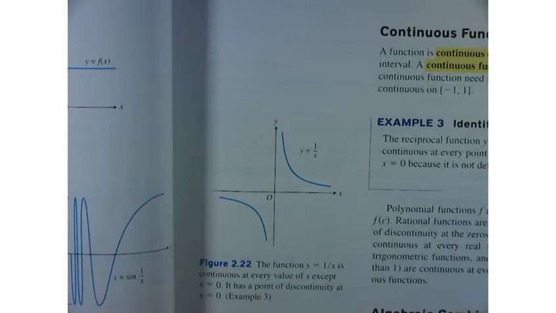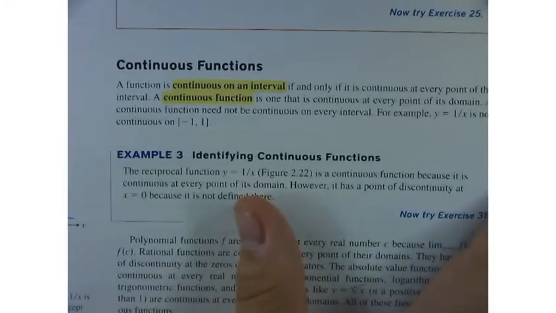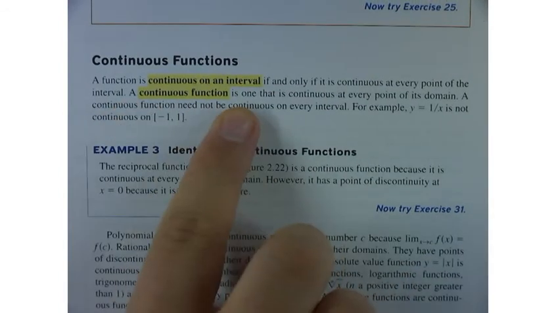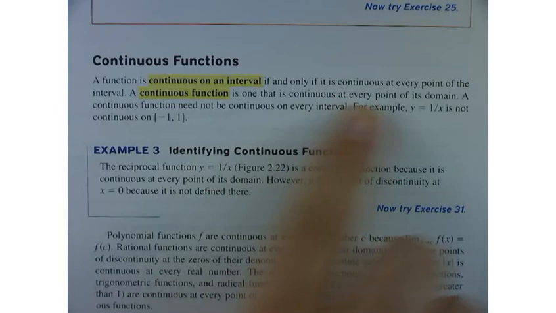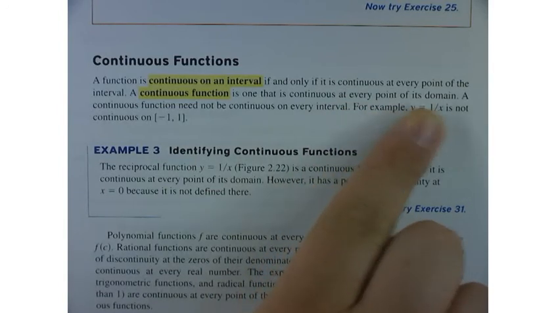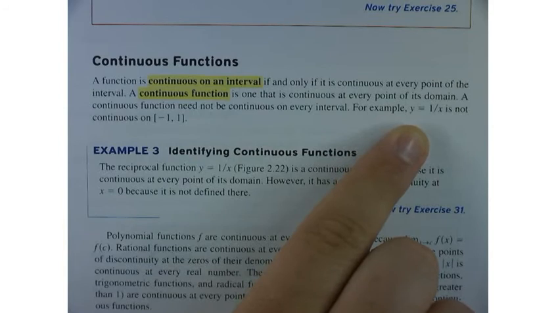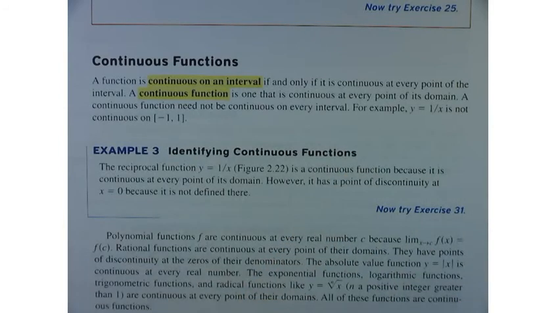Yeah. But I mean the part of why it's continuous. You said because it fits all the real numbers. Well, domain. A continuous function, let's look at the definition. It's kind of a semantic thing, but it says a continuous function is one that is continuous at every point of its domain. What is the domain of y equals 1 over x?